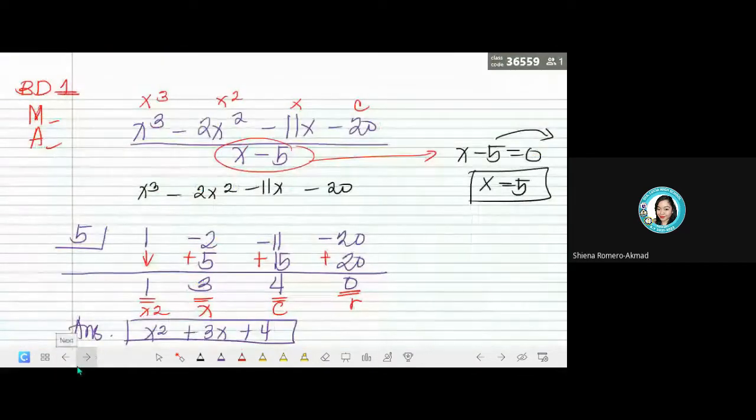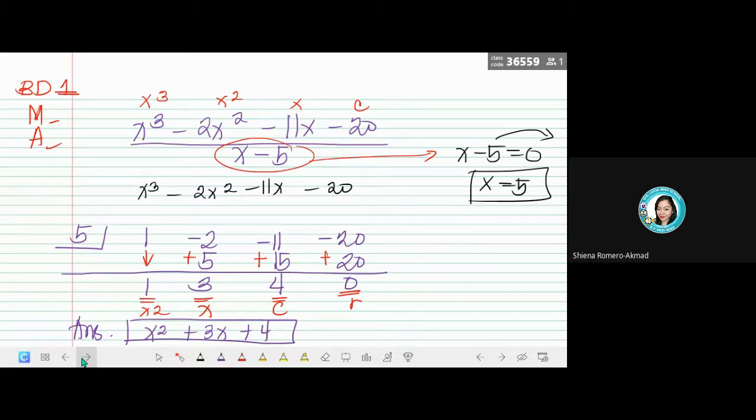So, saan mas madali? Dun sa una o sa pangalawang tinuro ko? The long division or the synthetic division? Synthetic po. Of course, synthetic. Bakit? Bring down ka lang ng isang beses. Tapos, multiply, add lang. Pero, there is a red flag. Ano yun?